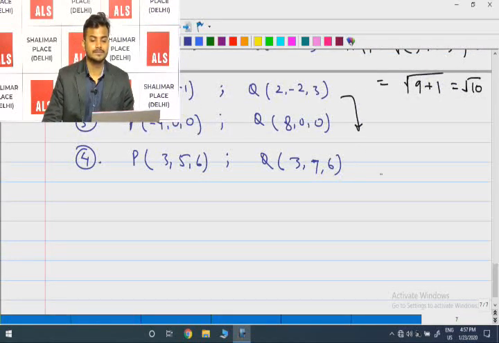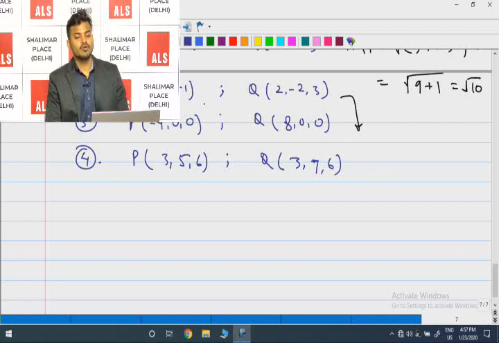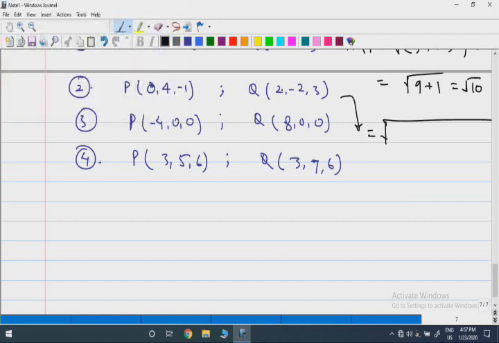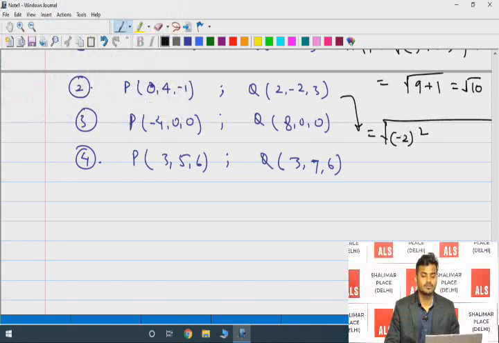Second, 0, 4, minus 1, 2, minus 2, 3. So mod PQ will be 0 minus 2, so minus 2 whole square, 4 minus of minus 2, so that will give you 6 whole square. And finally we get minus 1 minus 3, which is minus 4, so this is minus 4 to the whole square.